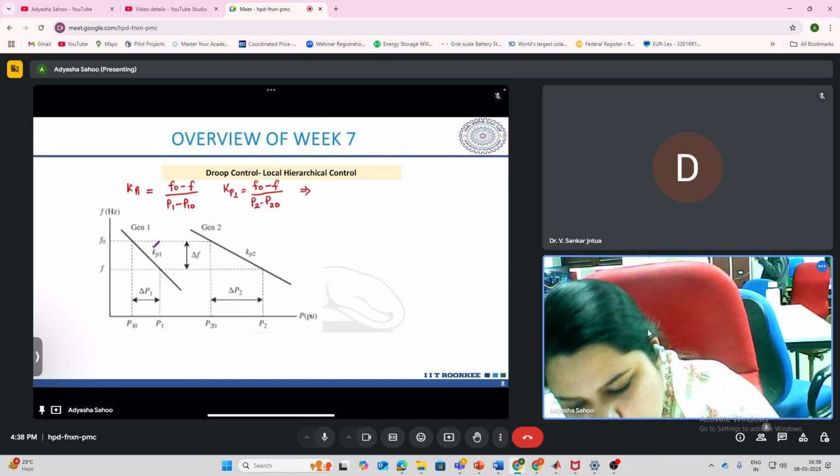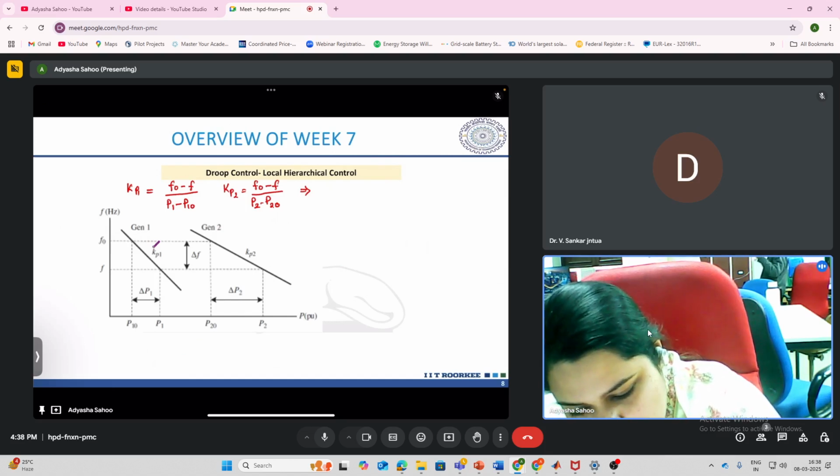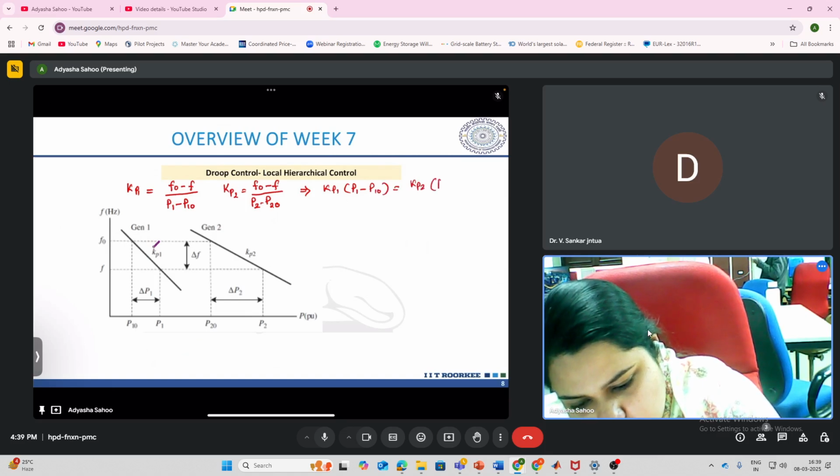Now if this f naught minus f is constant, we can say Kp1 times P1 minus P1 naught will be the same as Kp2 times P2 minus P2 naught.